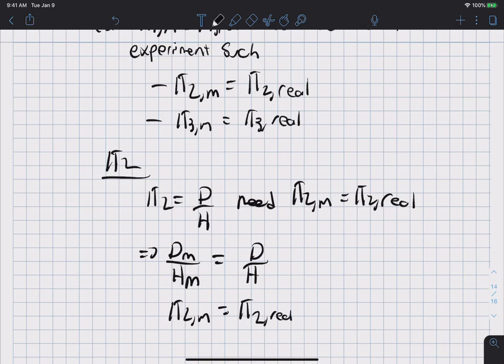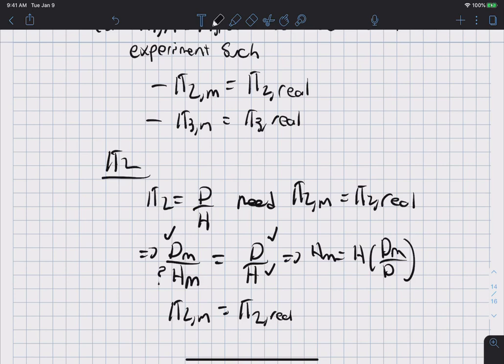Okay, and we know d, we know h, and we know dm. And what we're trying to find is hm, so we just solve this for hm. This implies that hm equals h times dm over d.